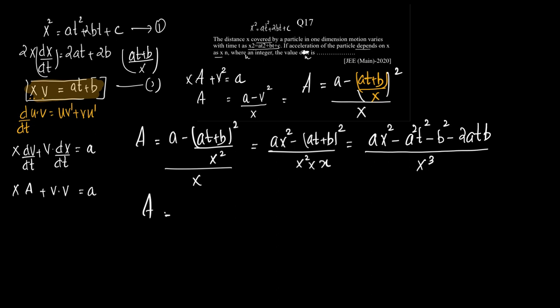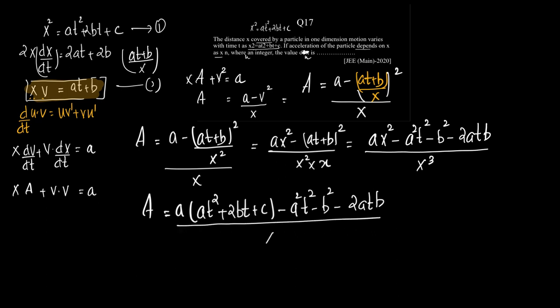So capital A is equal to a into x square. What is x square given as? x square is given from the equation as at square plus 2bt plus c, minus a square t square minus b square minus 2atb, the whole upon x cube.